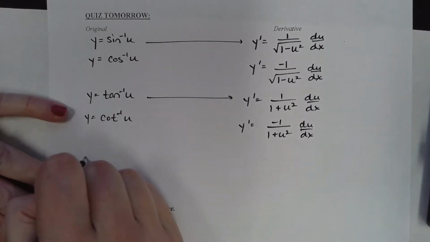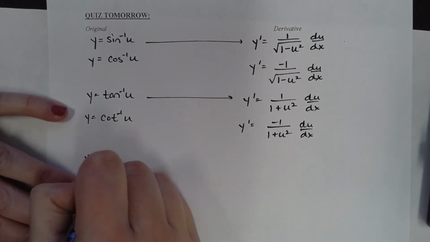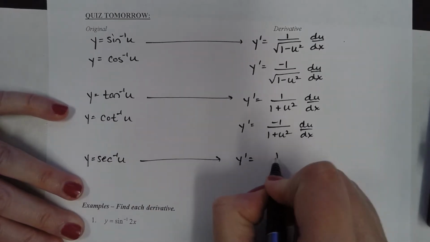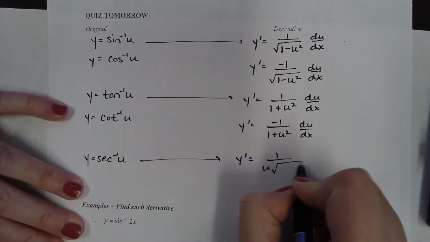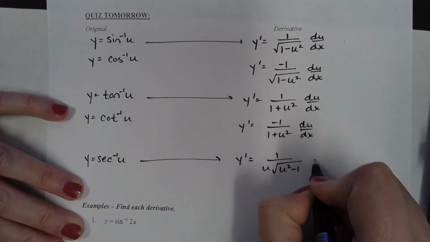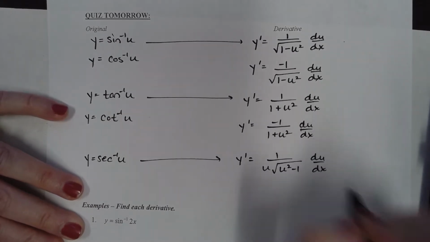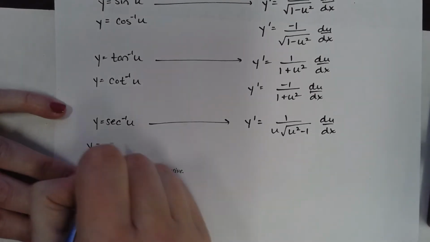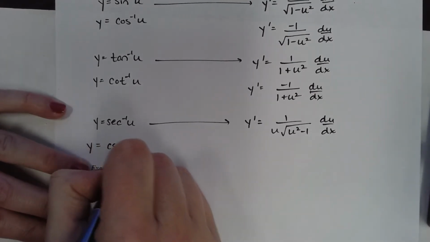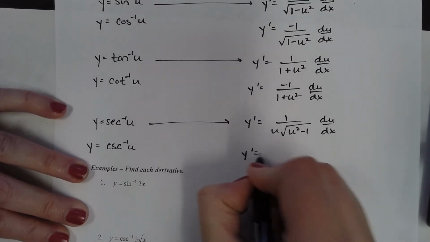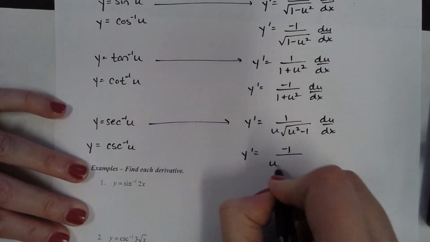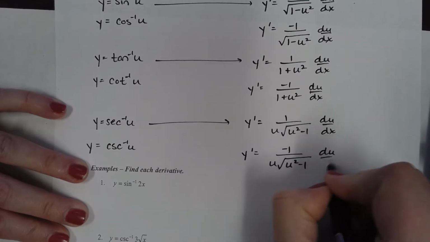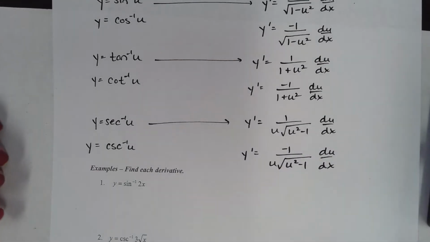And finally, secant inverse. The derivative is 1 over u square root u squared minus 1, du dx. And I'm guessing you will know what cosecant inverse will be. Negative 1 over u square root u squared minus 1, du dx.